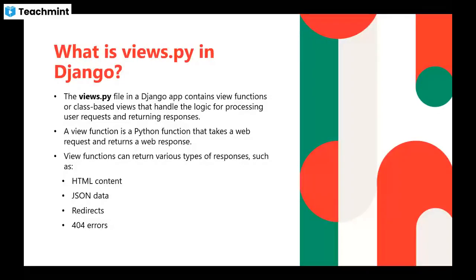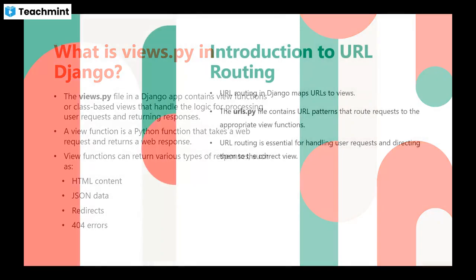The returned content can be HTML content, JSON data, a redirect, which means changing from one URL to another URL, and 404 errors, meaning page not found errors or any request errors, will be sent as a response. Next one is introduction to URL routing.